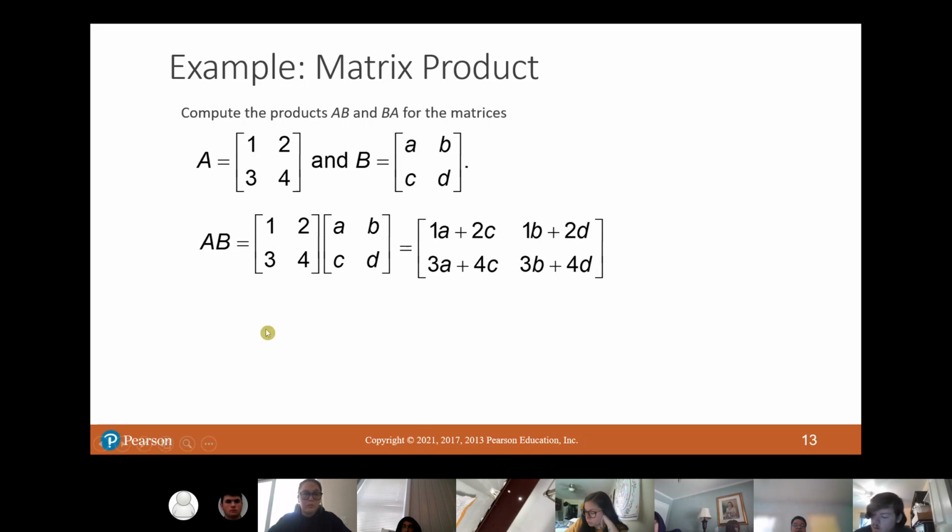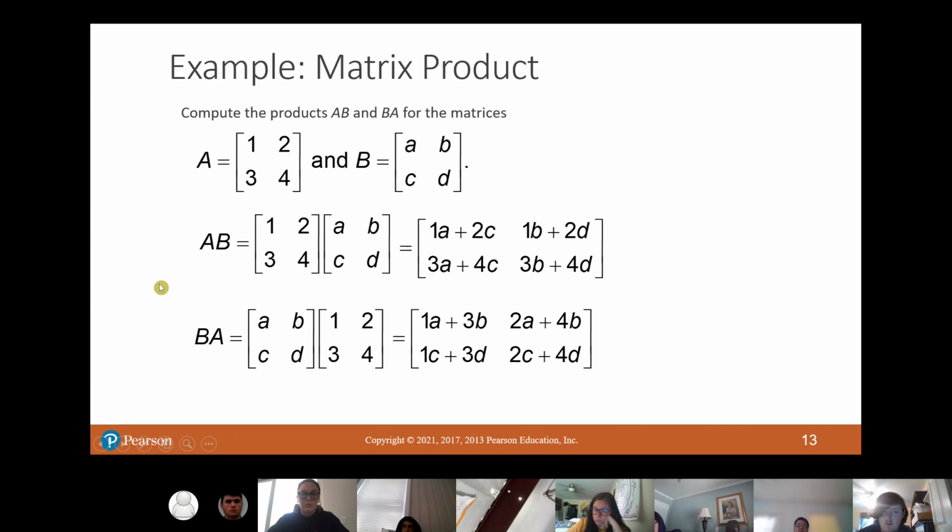And then you're going to have to add the second part. Then there's the second part. So you got A times B and B times A. So let's do this one together.